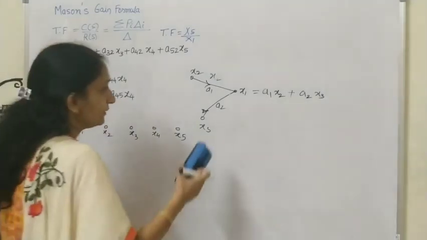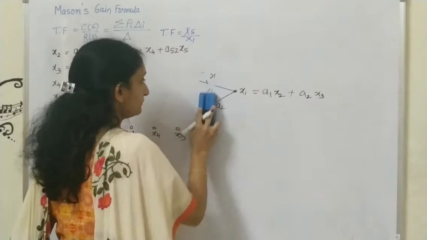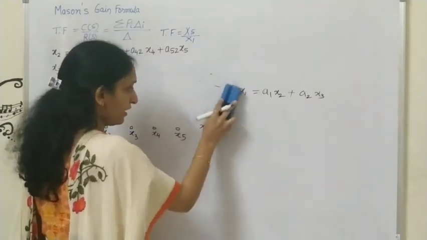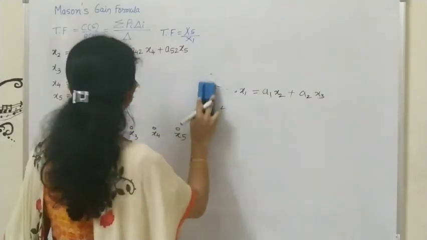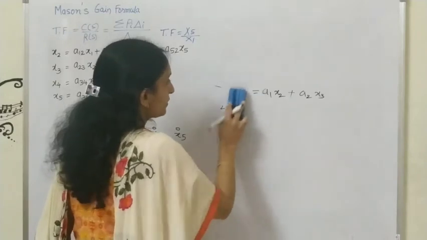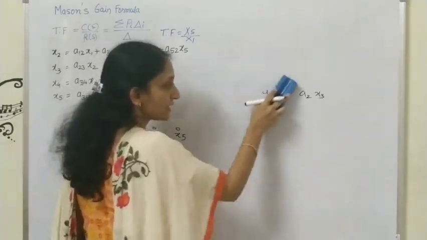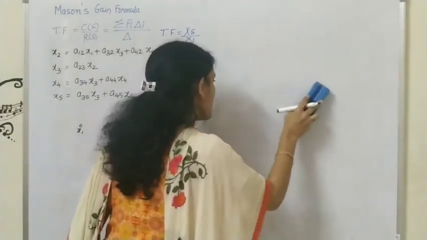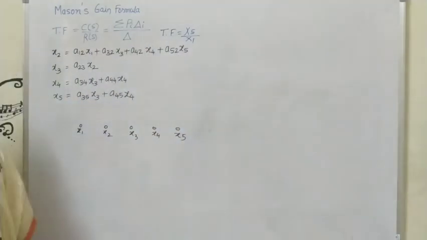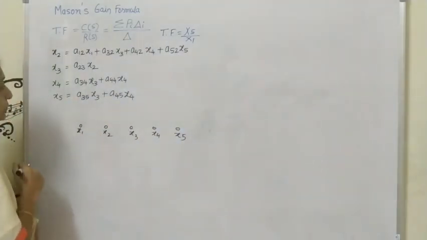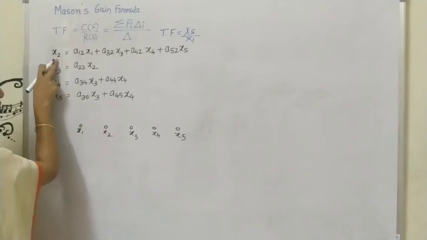So this is the equation for the given variable. Similarly, we have to draw the signal flow graph from the given 4 equations. First of all, we will start with equation number 1, that is for x2. See here, I have considered 5 nodes. Now here x2 is the output.